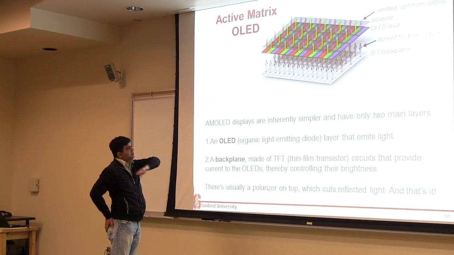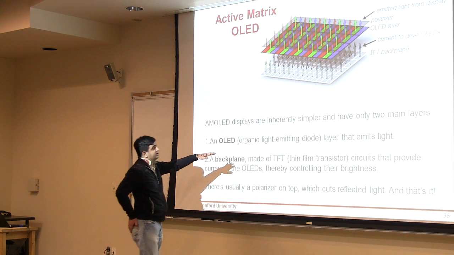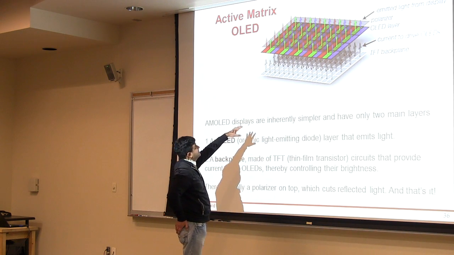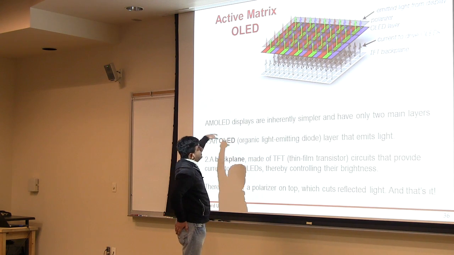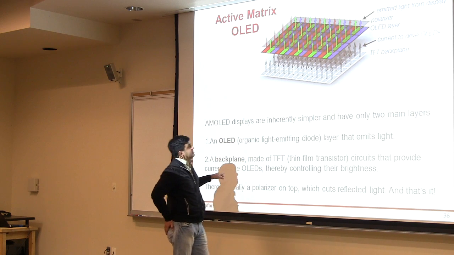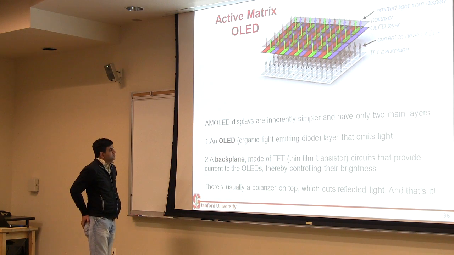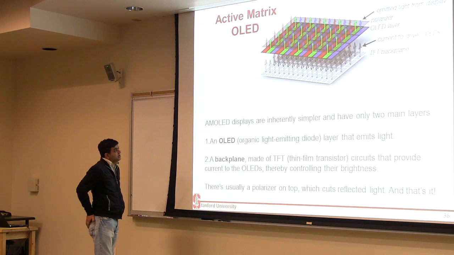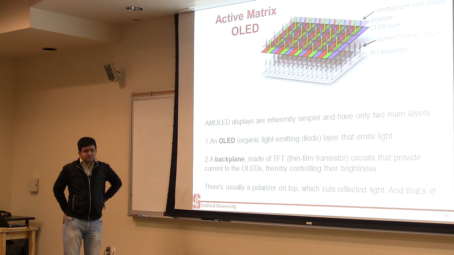So you have a TFT backplane which controls the signal, and that's why it's called active matrix, because you can control each of these LEDs individually, and on top you have these light emitting diodes, and that's it. So you have just two layers. Sometimes people put a polarizer on the top to cut the reflected light, but it has this very simple structure with just two layers.